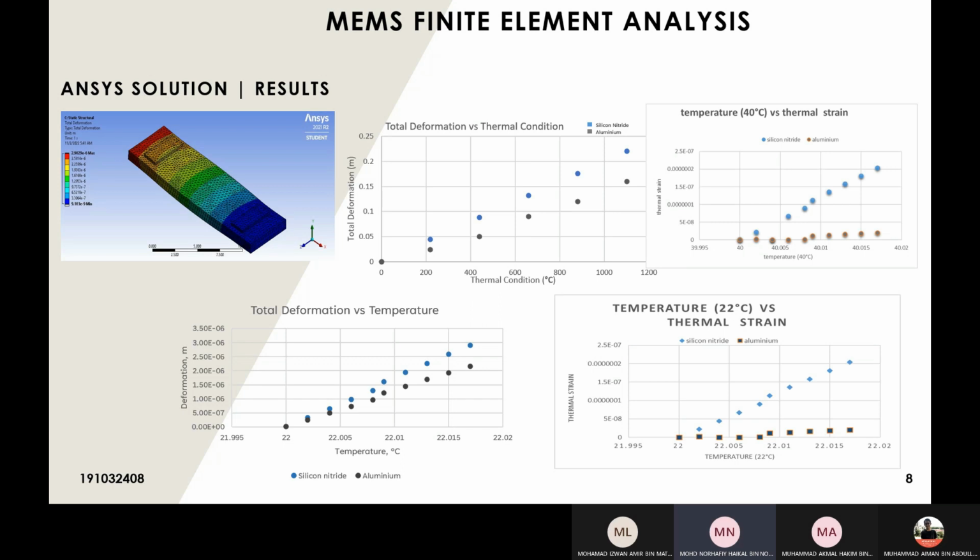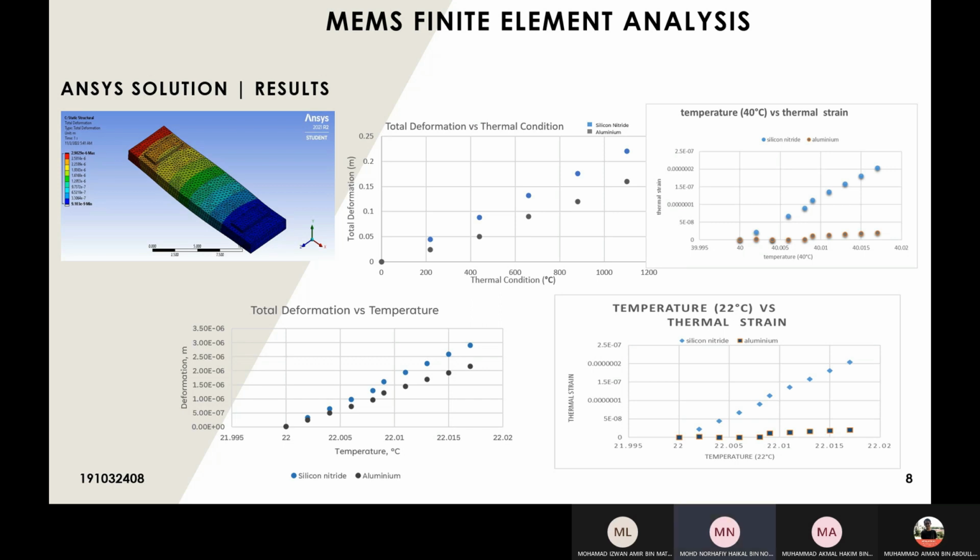Total deformation will increase along with the thermal condition, and the third graph is temperature versus thermal strain, and the fourth is also temperature and thermal strain, but with different temperatures, which are 22 degrees Celsius and 40 degrees Celsius.